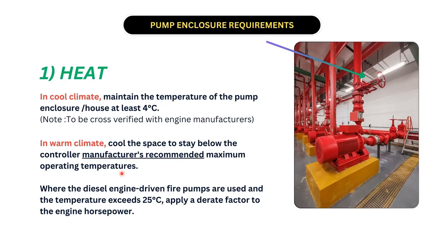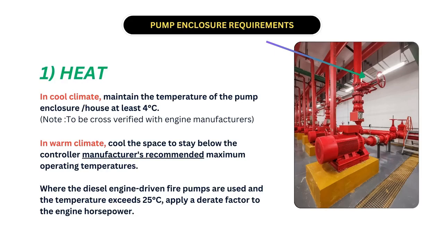Basically, controllers have limitations, so we need to check with the manufacturer about the maximum operating temperature of the controller. Based on that, we need to cool the fire pump room. Where diesel engine driven fire pumps are used and the temperature exceeds 25 degrees centigrade, we need to apply a derate factor to the engine horsepower.